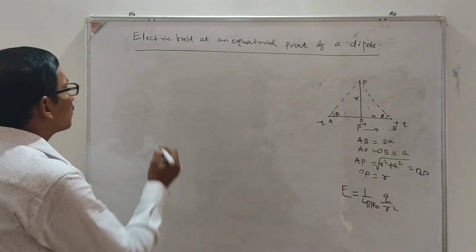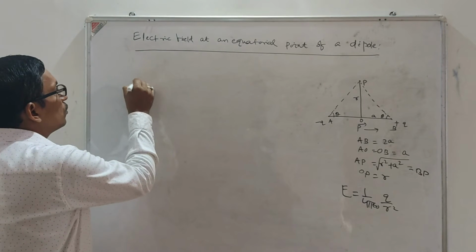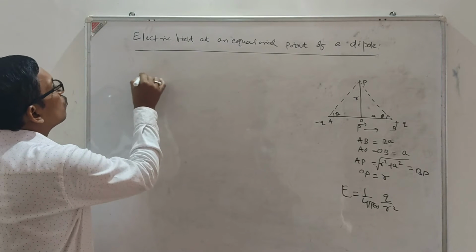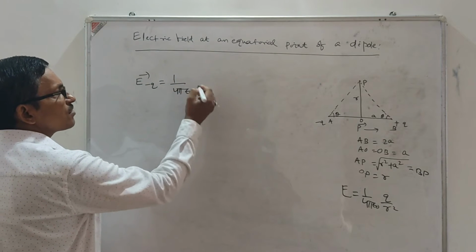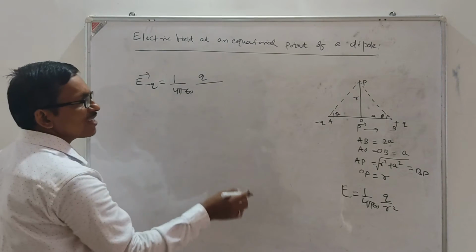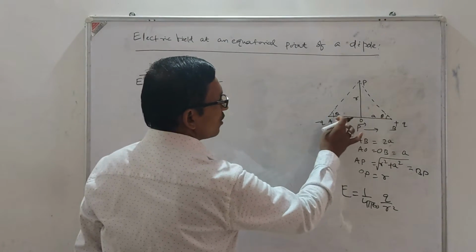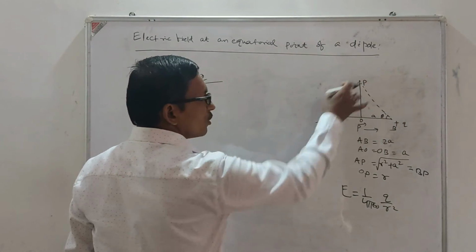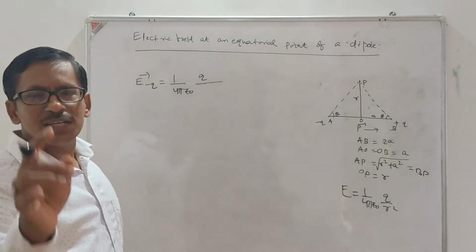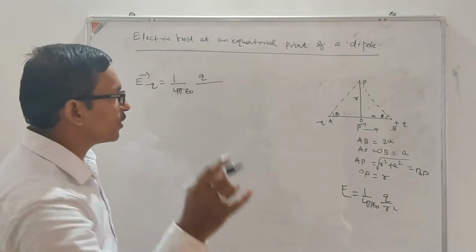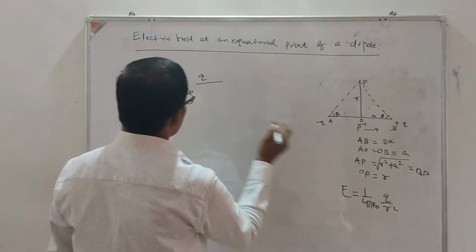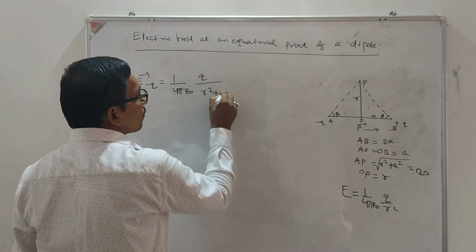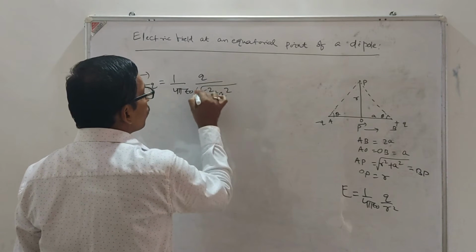Now let us write the electric field due to minus q. So electric field due to minus q is equal to 1 by 4 pi epsilon naught q by r square. What is the direction? This is minus q, and for a negative charge, the field is directed towards the charge from the point. So q by the distance, which is square root of r square plus a square, whole square.